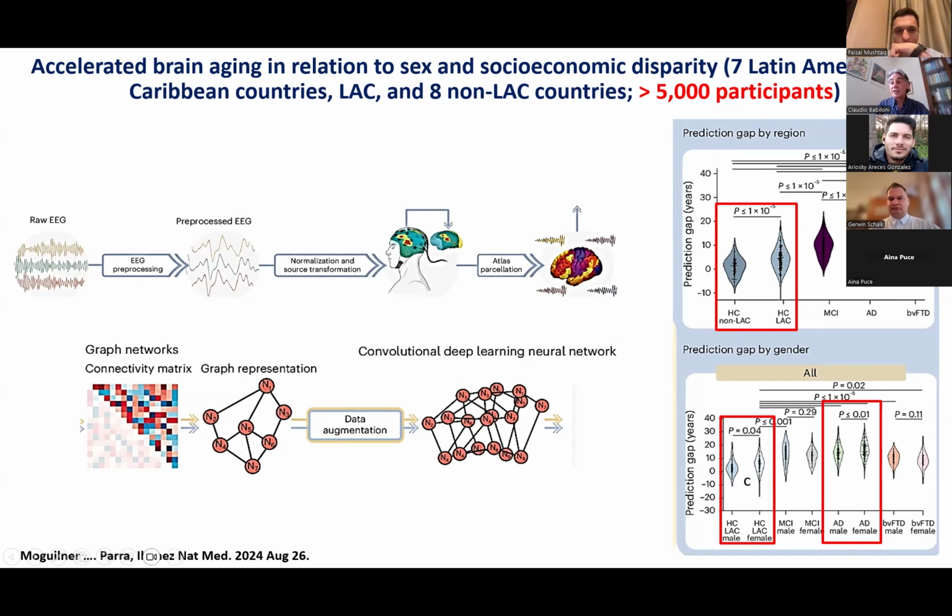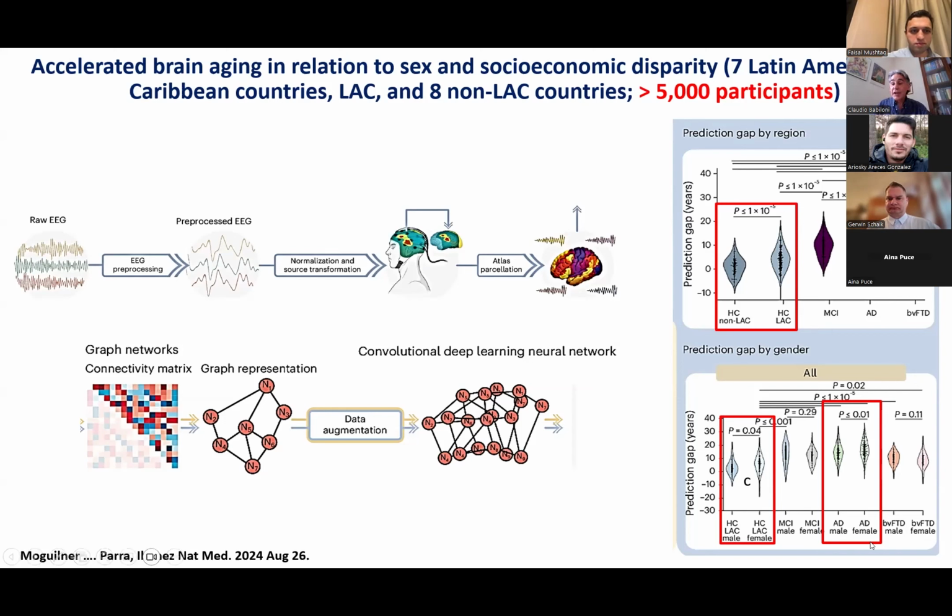And you see in the right part of the graph that the machine learning tool added even more years to mild cognitive impairment patients and Alzheimer's disease patients. So another outcome of this work is that mild cognitive impairment and Alzheimer's disease can be interpreted as a hyperacceleration of brain aging in these persons.